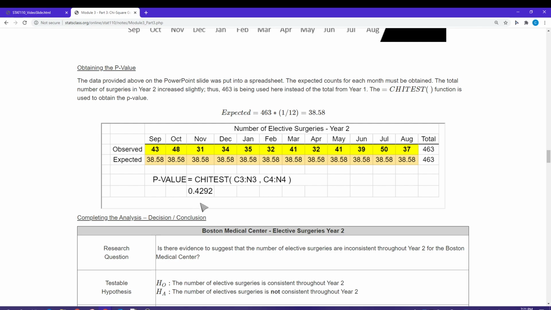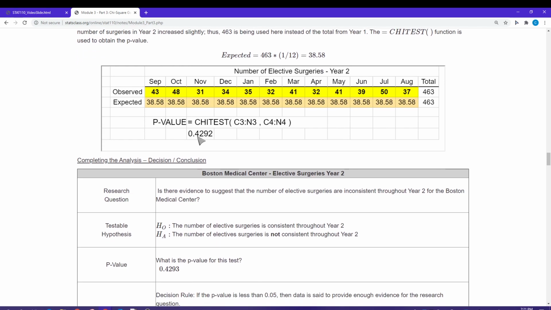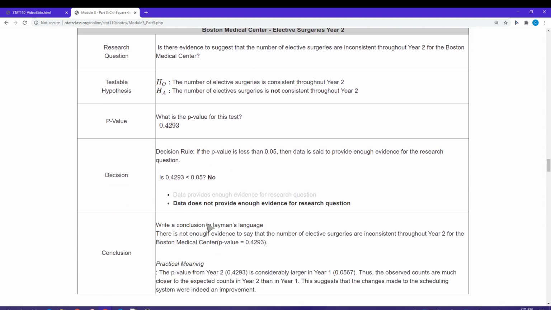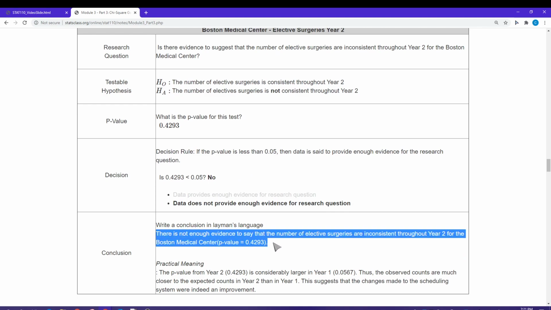The p-value is obtained using the chi-test here, and it's 0.43 if we round. Recall that the p-value for year 1 was much, much smaller at 0.0567. So this p-value is not even close to that threshold, which implies that there is not enough evidence to say that the number of elective surgeries are inconsistent in year 2.